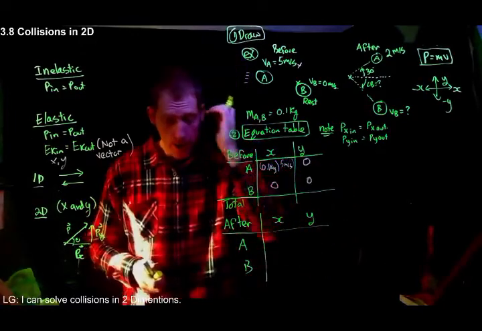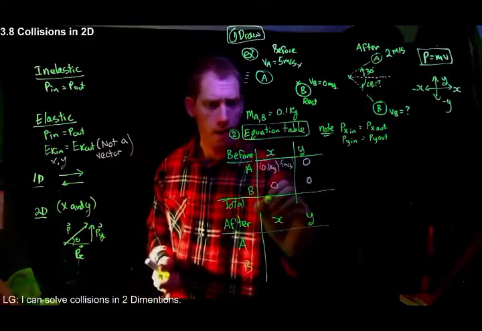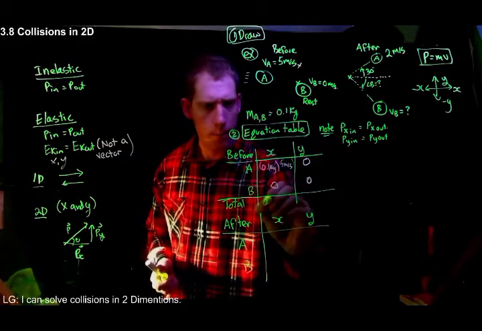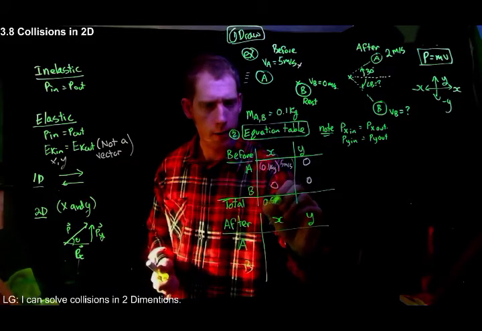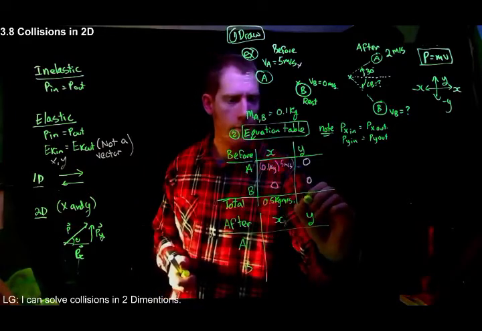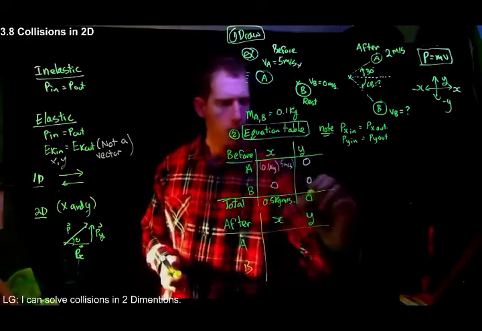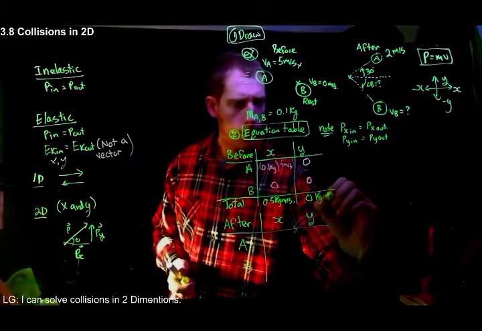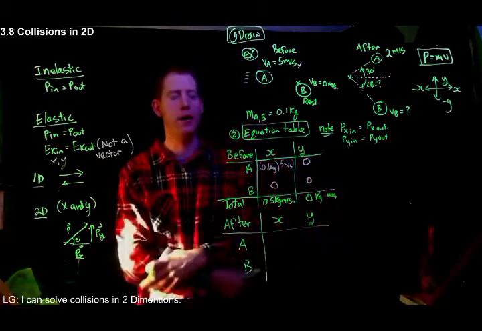The momentum I only have here is 0.5 kilograms meters per second in the X direction, and I have 0 kilograms meters per second, 0 momentum in the Y direction.